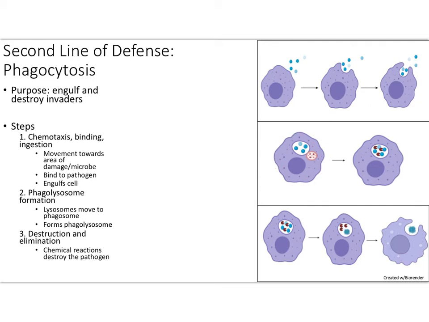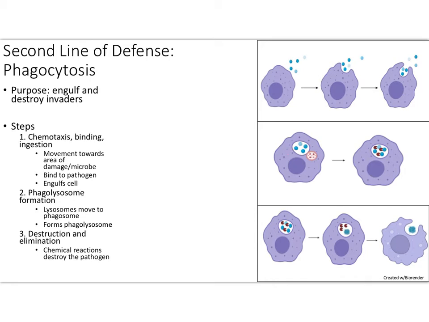Within this phagocyte, there are organelles called lysosomes. Lysosomes contain lysozyme, and lysozyme, as you remember from a previous slide, is geared towards destroying peptidoglycan. So the lysozymes inside the phagocyte are going to move over to the structure called the phagosome.